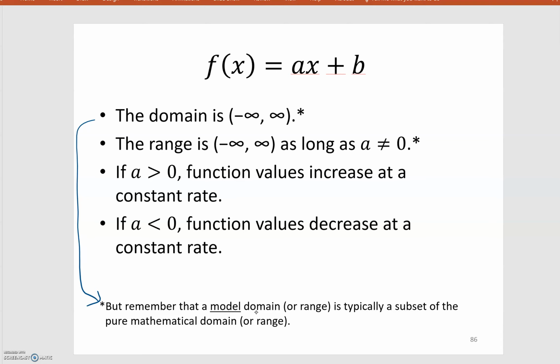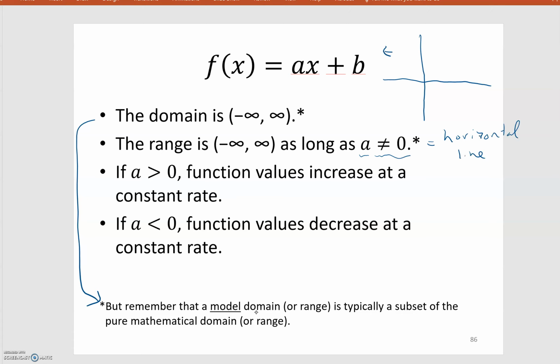Now there is one important caveat to that, and that's right here: as long as a is not equal to 0. So as long as the slope is not equal to 0. What is that talking about? Well, if a equals 0, that's basically saying that we have a horizontal line.